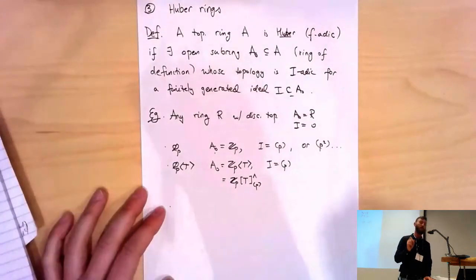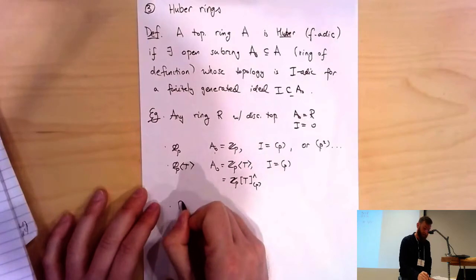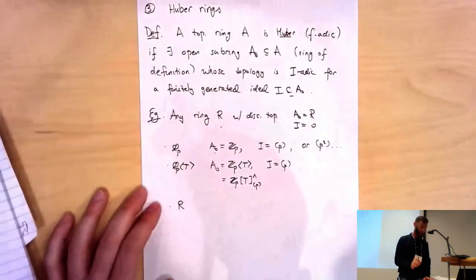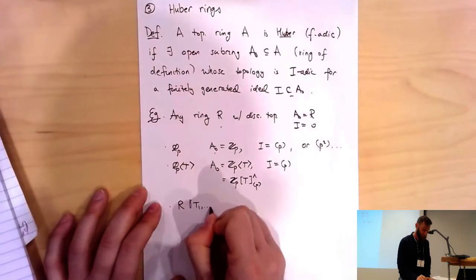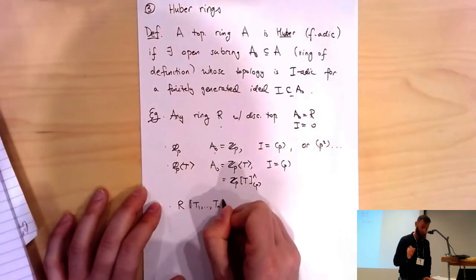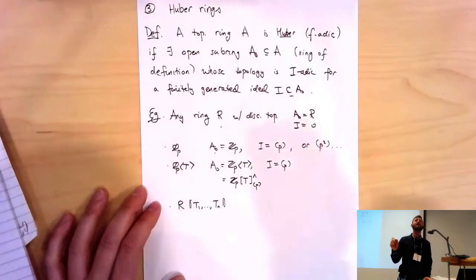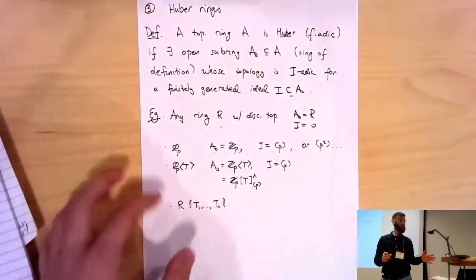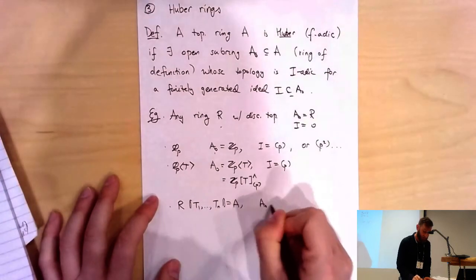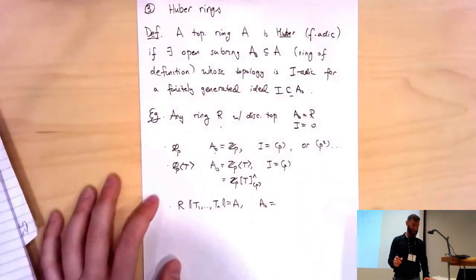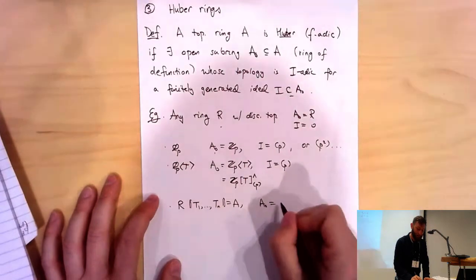What else? There are so many. So let's take any ring whatsoever with its discrete topology, and let's take a power series ring in finitely many variables. And this is a Huber ring. So if I let this thing be A, what's my open subring? It could just be A itself, right?